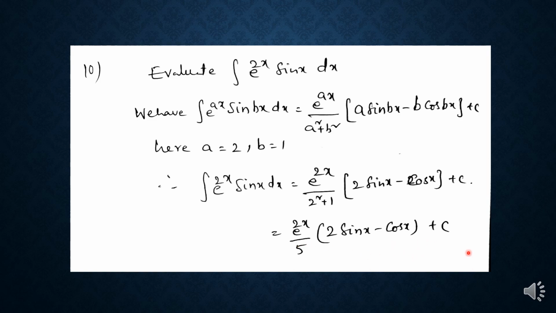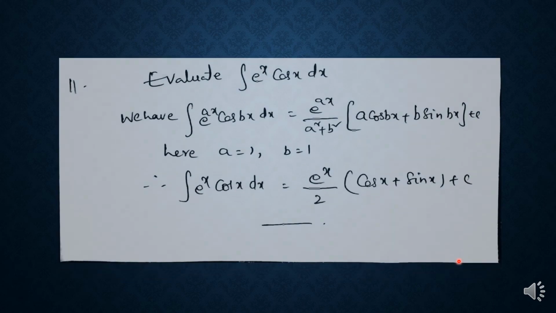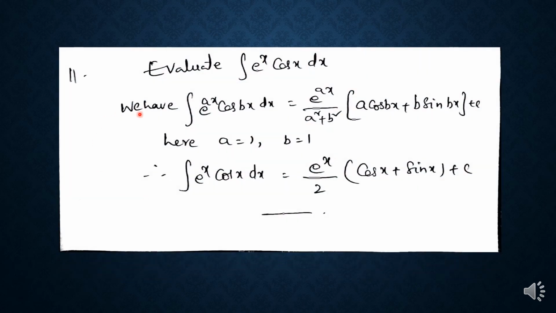Now we will see one more example for this form. Evaluate the integral of e^x cos x dx. So this is in the form of the integral of e^(ax) cos(bx) dx.